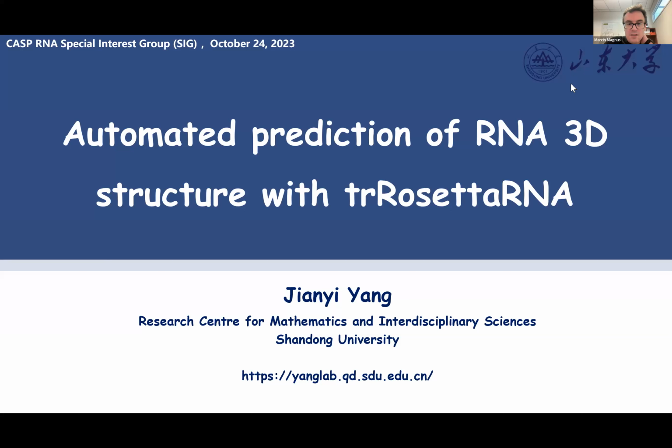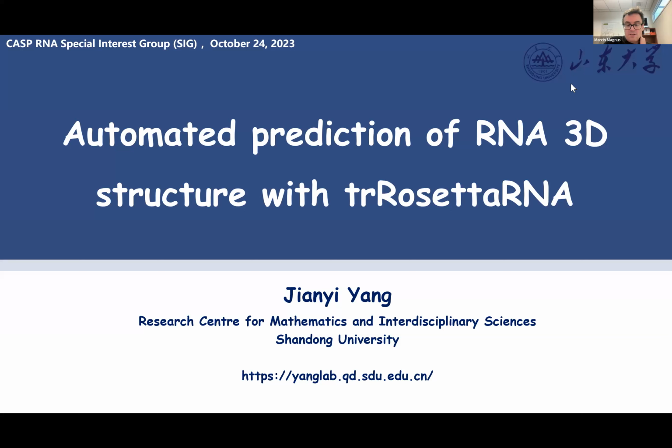So it's Jianyi Yang, a distinguished professor at Shandong University of China. His research interests include protein and RNA structure prediction. He's made significant contributions to the development of a few widely used tools, including trRosetta and I-TASSER.